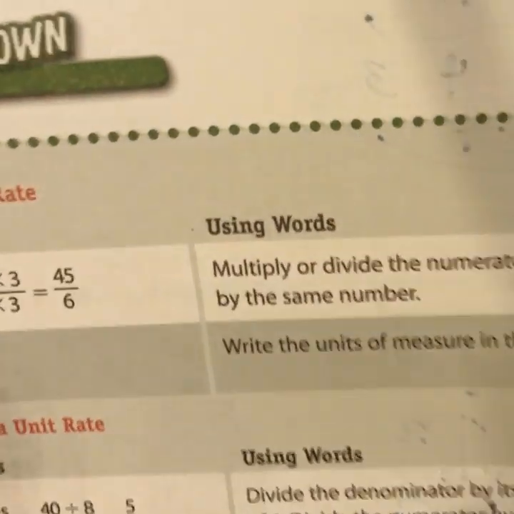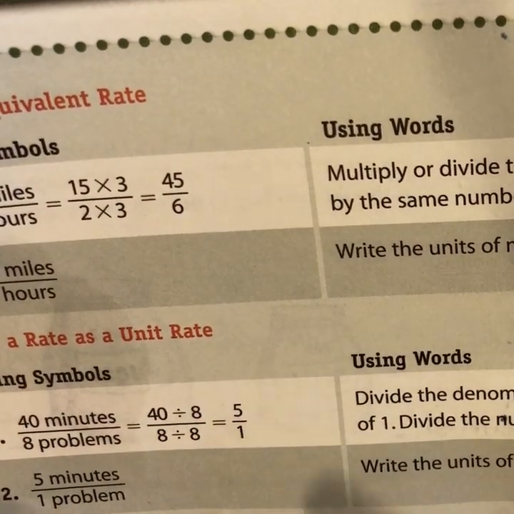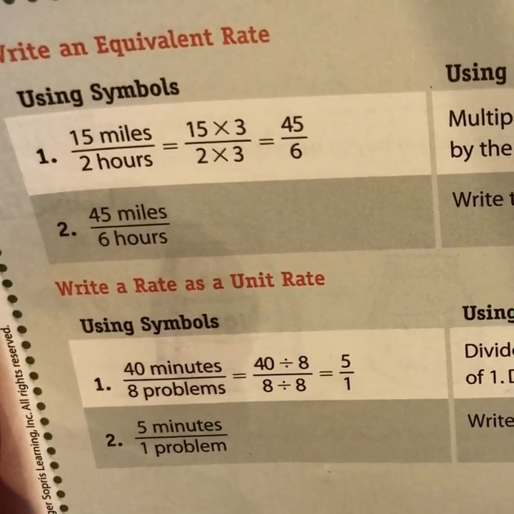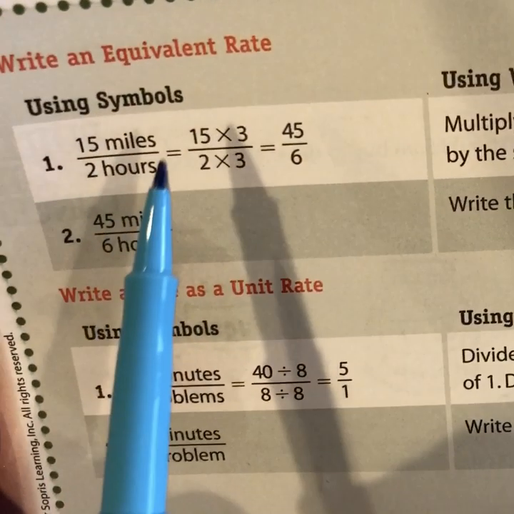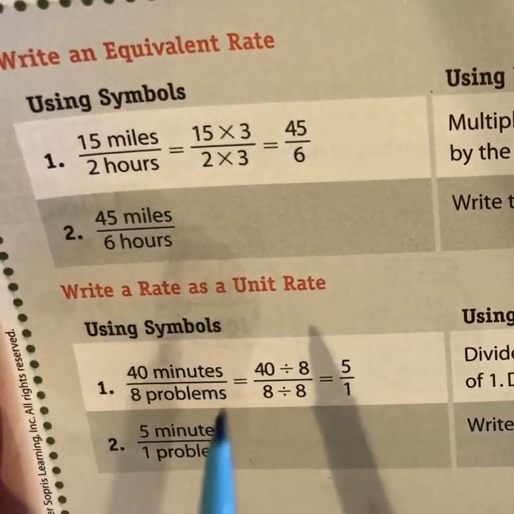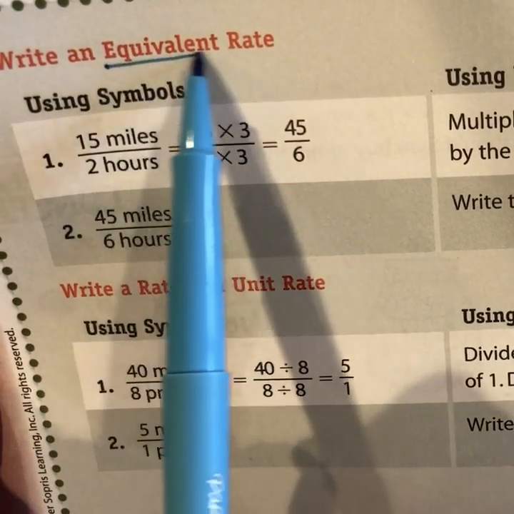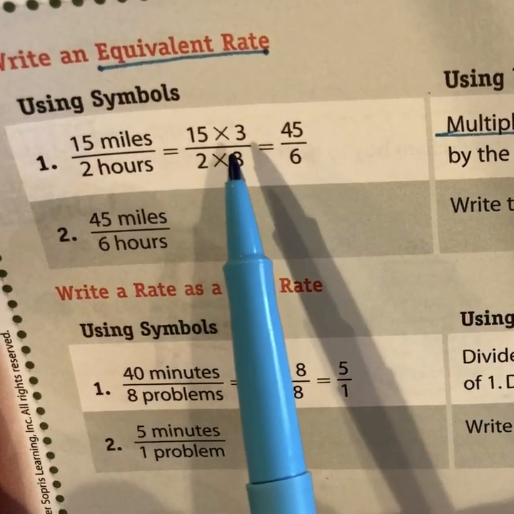All right. So this how-to is amazing. It tells you exactly what to do if you get confused. Okay. This is writing it as an equivalent fraction. This is writing it as a unit rate. When you want the equivalent fraction, you're going to multiply or divide depending, okay?